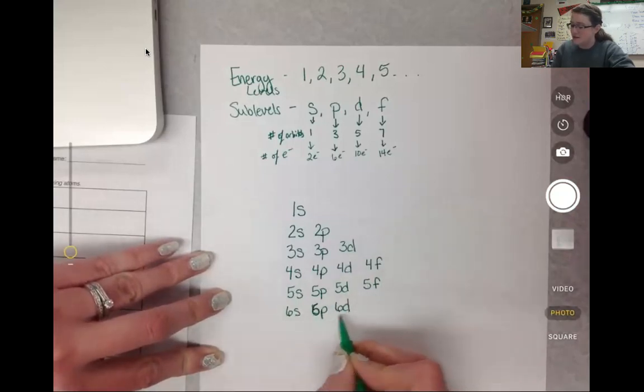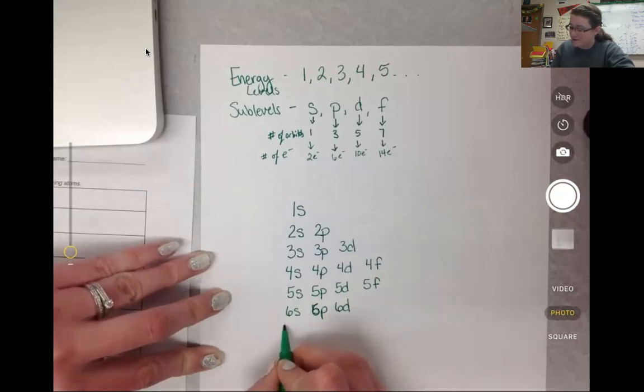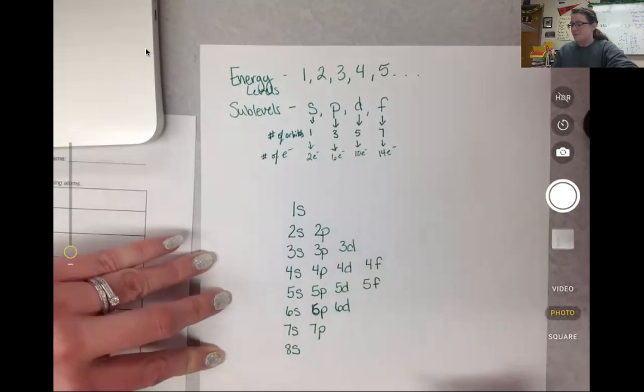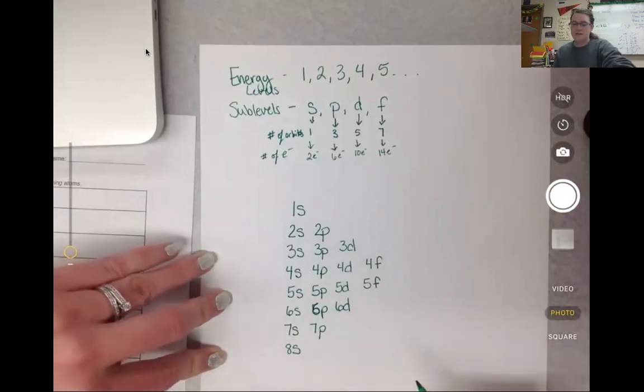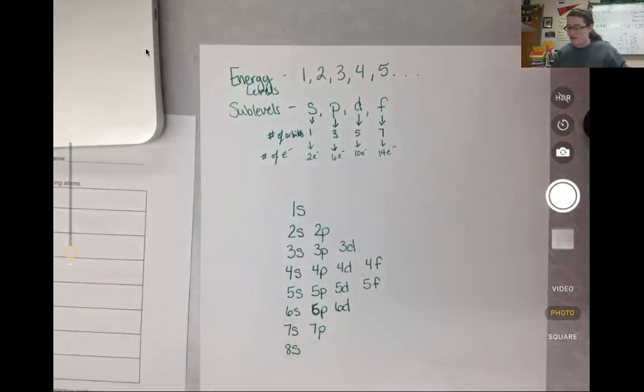For the elements that we know, these are the sublevels that get filled with electrons. You could write that out more, but I know that we aren't going to actually need those. These are the possible sublevels that exist in each of our energy levels. Again, the first number represents your energy level. The second one is your sublevel.